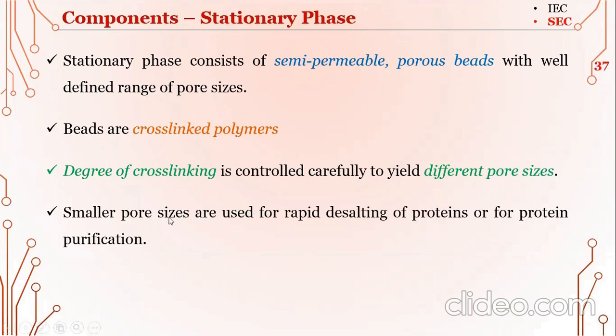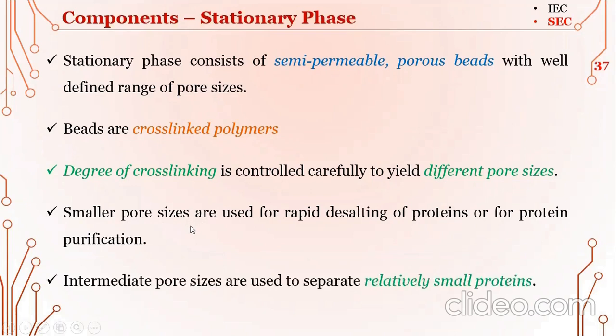Smaller pore sizes are used for rapid desalting of proteins and for protein purification. Intermediate pore sizes are used to separate relatively small proteins, so if the proteins are larger than these, we need to use intermediate pore size of these beads.